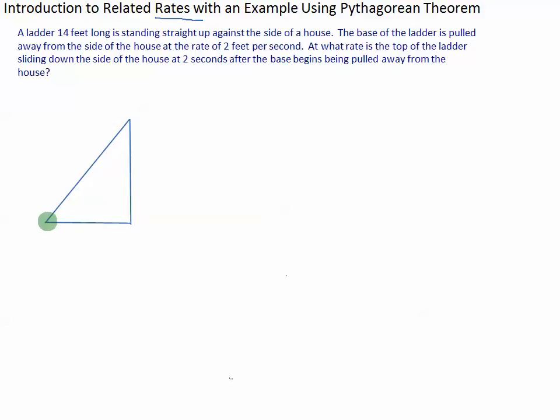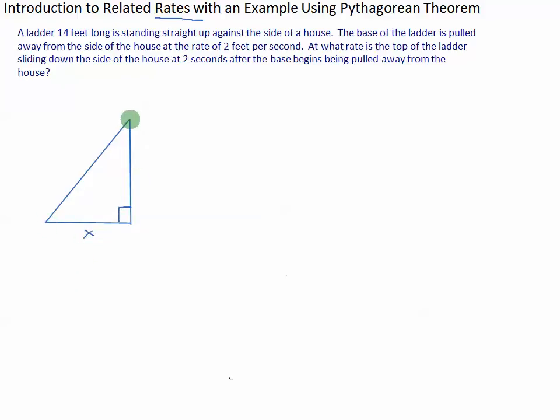So clearly, this is some moment in time after the ladder has started sliding and before it hits the ground completely. So that's a generic picture at some moment in time while this action is happening. And in this triangle, we have this horizontal distance the base of the ladder is from the wall, so we'll maybe call that x.